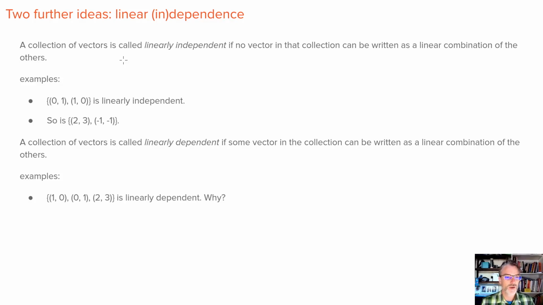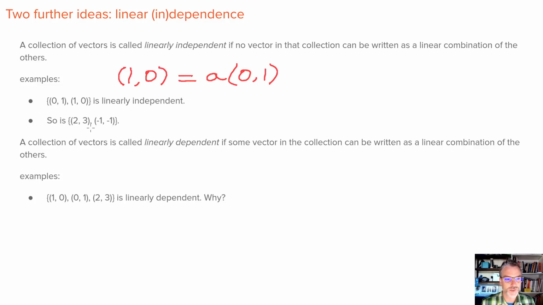What that might look like is, I'm trying to write 1, 0 as some linear combination of 0, 1. So I would have to find a constant so that when I multiply this vector by that constant, I would end up at this vector, which you can't do. So the set is linearly independent.